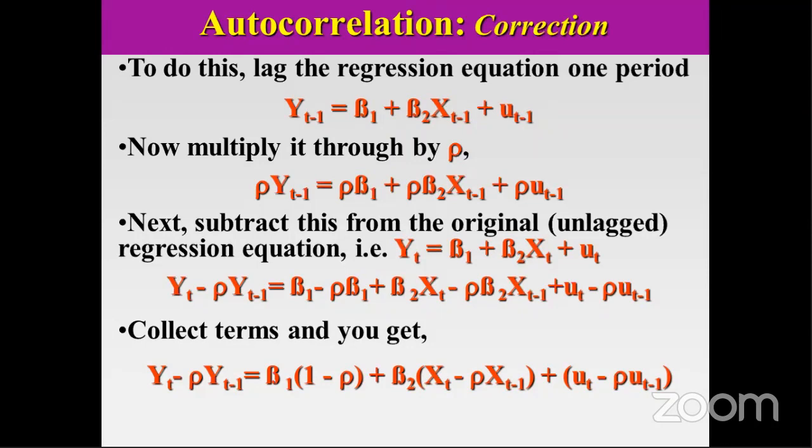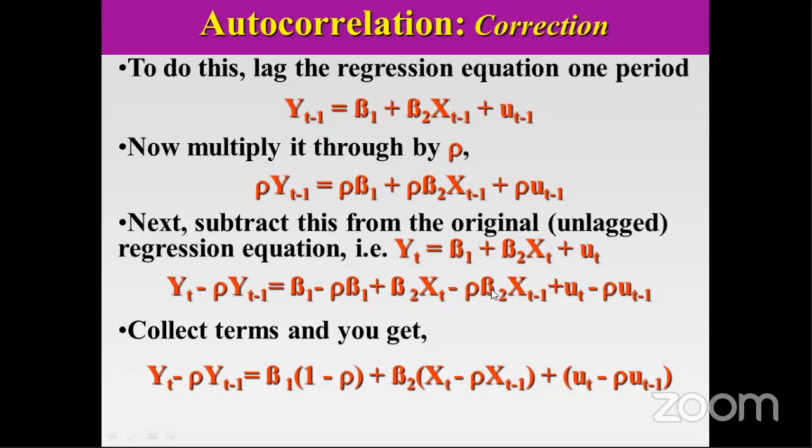The next step is to subtract this, that is the lagged equation above, from the original unlagged regression equation, that is yt equals beta 1 plus beta 2 xt plus ut. By taking the difference between these two, you get this equation: yt minus rho yt minus 1, beta 1 minus rho beta 1, and so on.